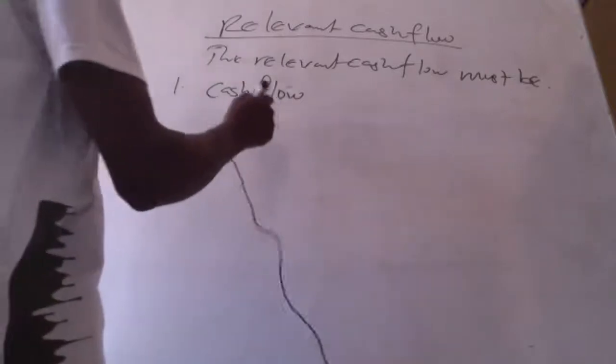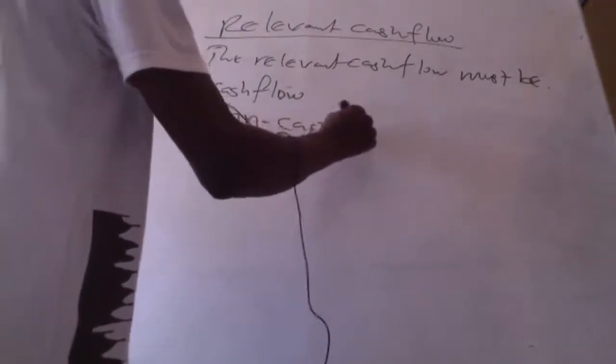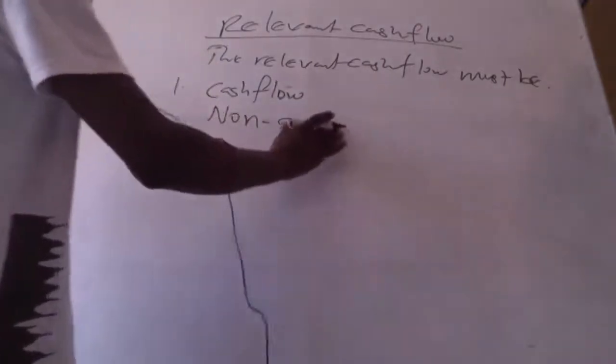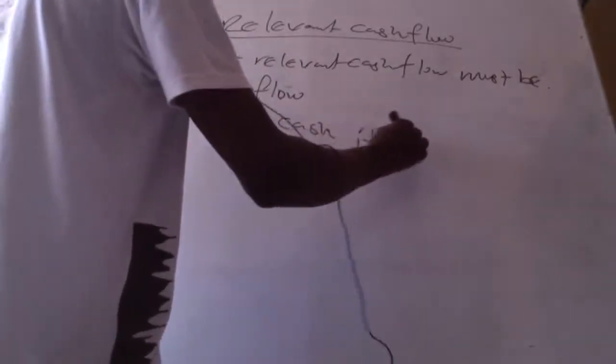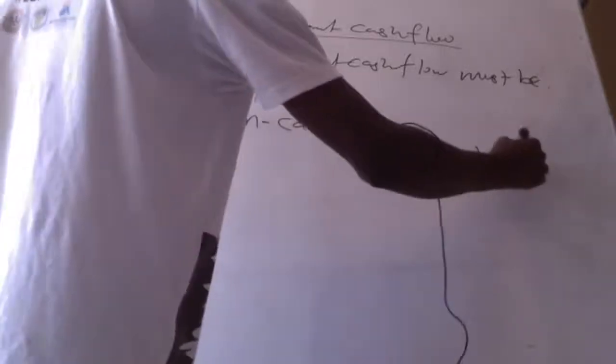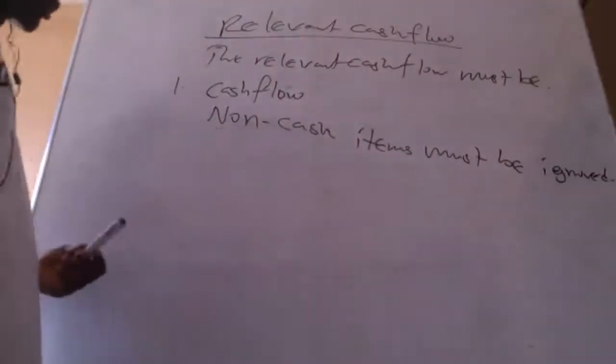It means non-cash items must be ignored. Non-cash items or non-cash transactions must be ignored. Good. What are the examples of non-cash items?